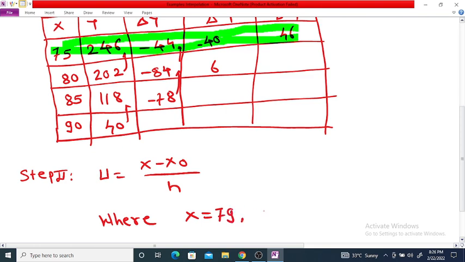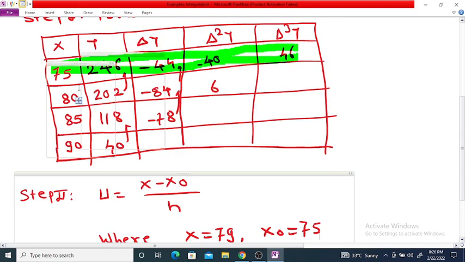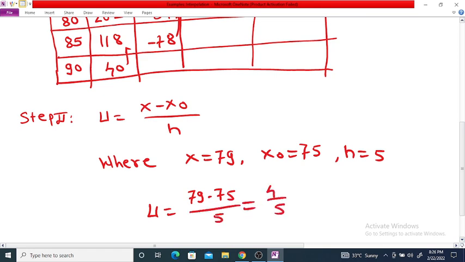So x is 79, x0 is the starting initial value of the table, that is 75, h is the difference between the values of x, the difference is same, which is 5, and therefore u is equal to 79 minus 75 divided by 5. This is equal to 4 divided by 5 is equal to 0.8.